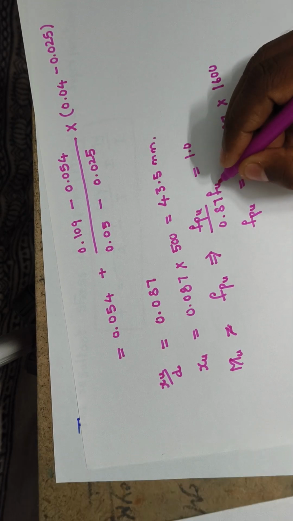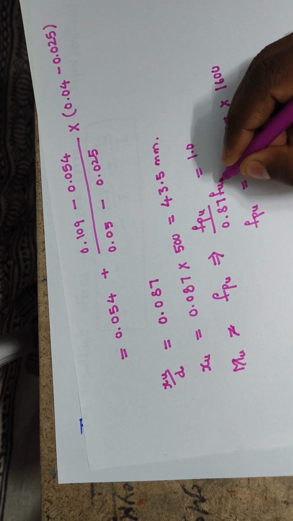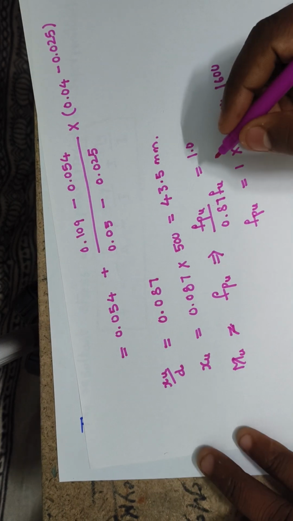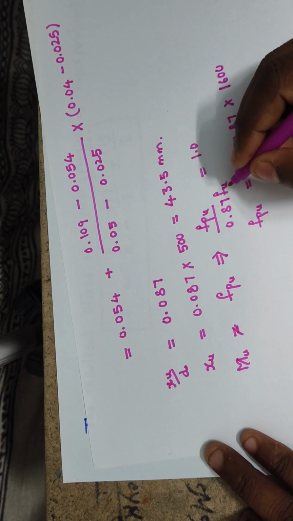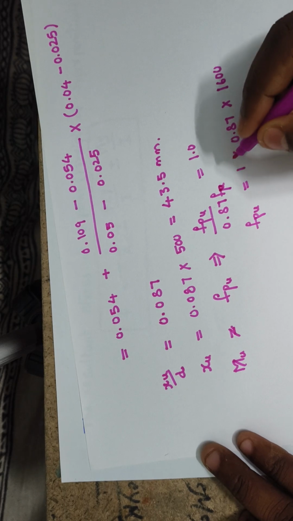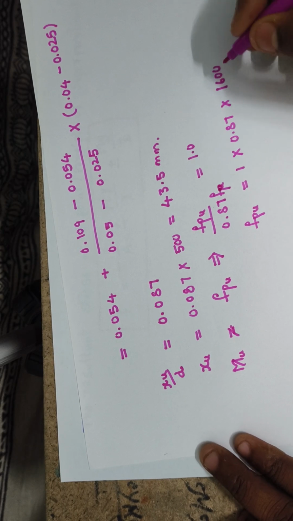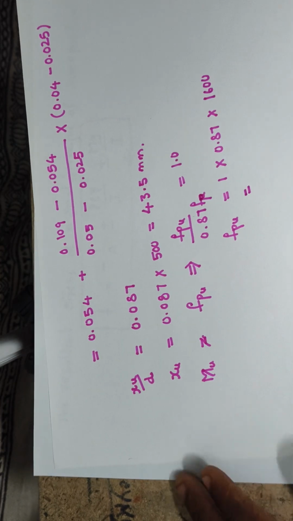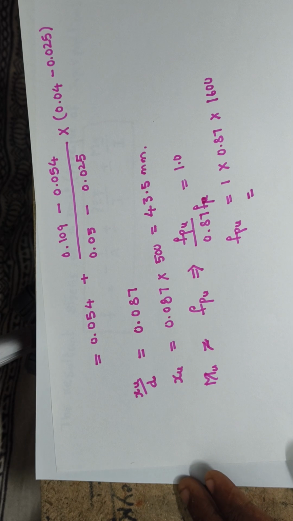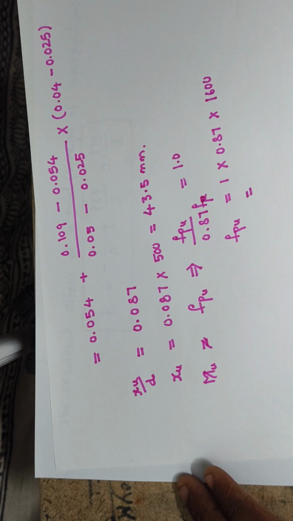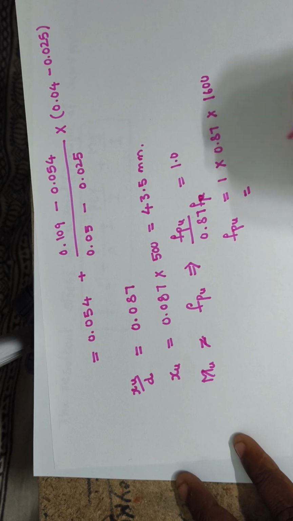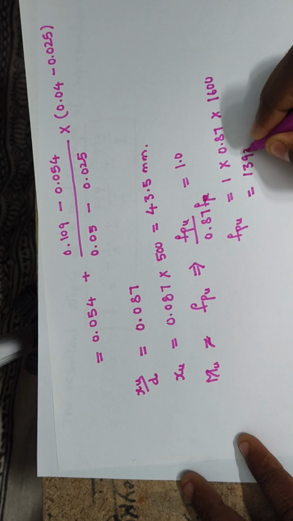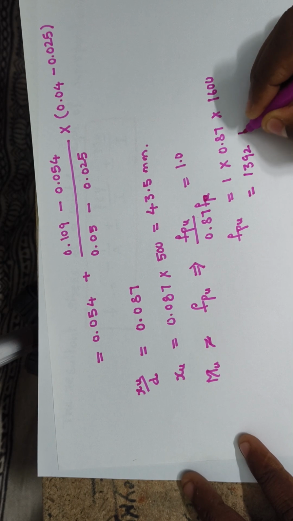Here FP means characteristic tensile strength of the steel. So this value will be 0.87 into 1600, 1392 Newton per mm square.